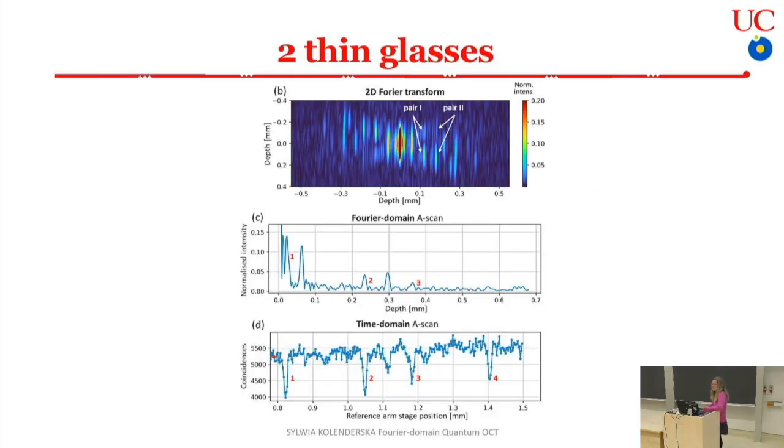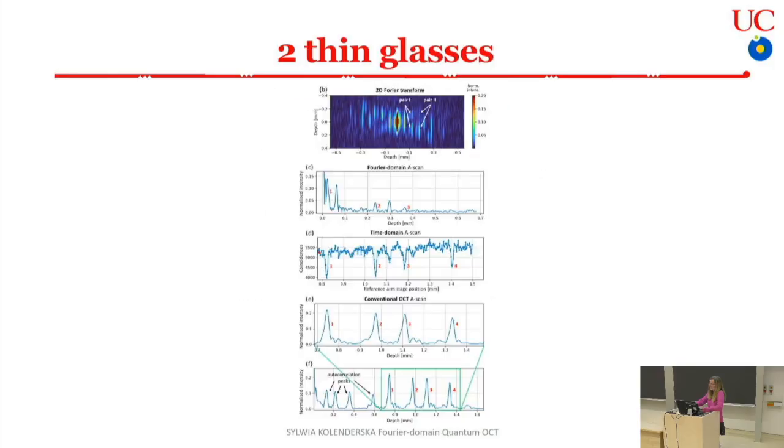This is easier with the time domain approach, but still we have these uncompensated, unreduced artifacts. For conventional OCT, it's actually not a problem. We just have to make sure that the actual image doesn't overlap the autocorrelation peaks.